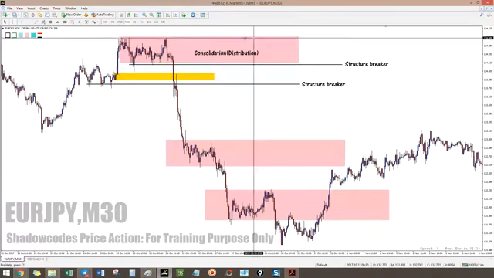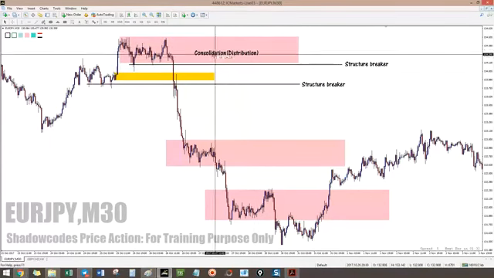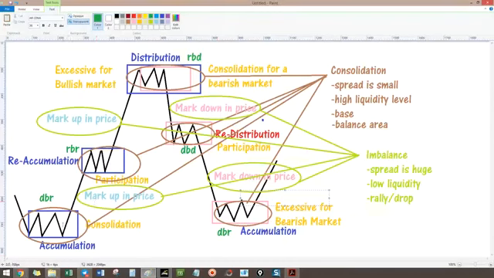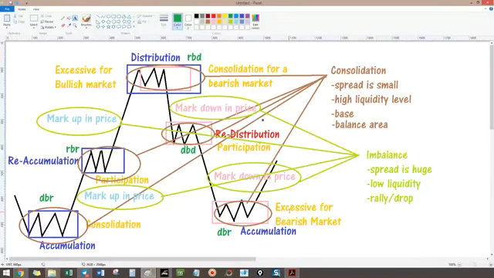And then you know price just started its consolidation. Look over here, market moves in three phases. First, it does consolidation or distribution. And then it must do redistribution. And then it must do accumulation again or excessive market. So you will exit, your take profit will be on excess.